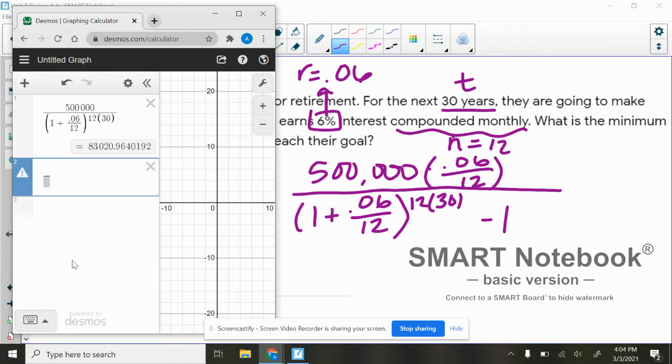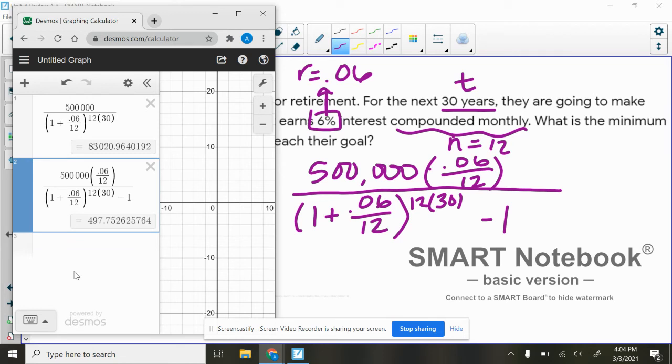I left up the answer to number 9 so we can just kind of compare the differences here. So 500,000 times your rate divided by n, 0.06 over 12. And then in the denominator, we've got 1 plus 0.06 divided by 12 being raised to the 12 times 30.